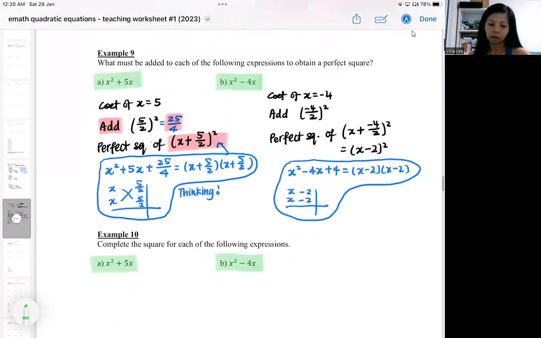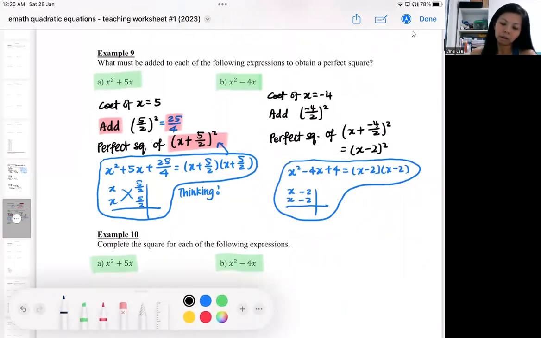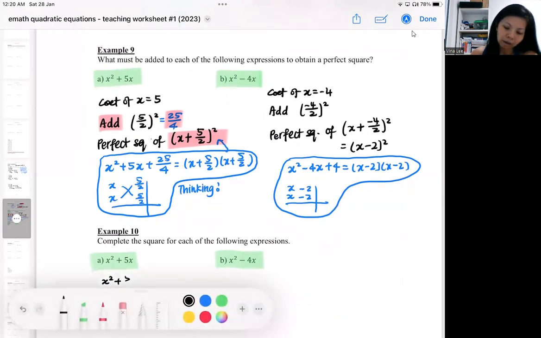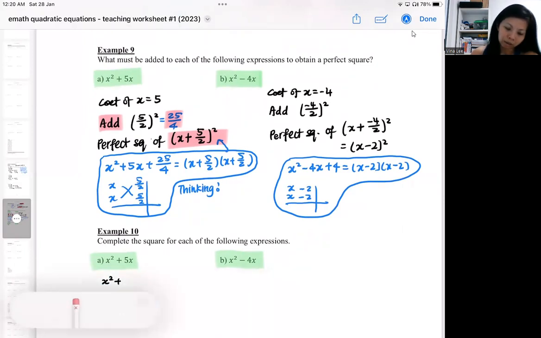Okay, so the idea when you need to complete the square for something is you must make sure that you don't disturb the balance of it. So in this case, we know that we need to add. Look at this part. We need to add this in order to get the perfect square.